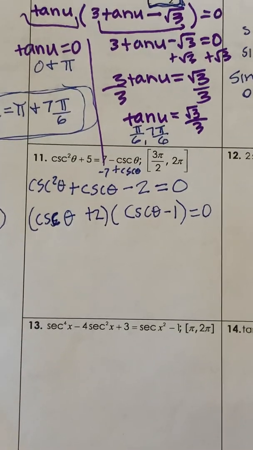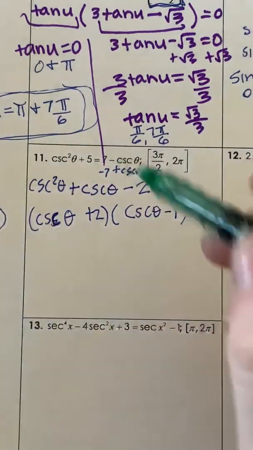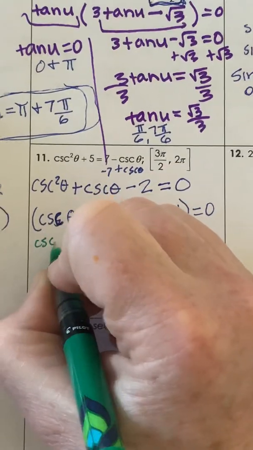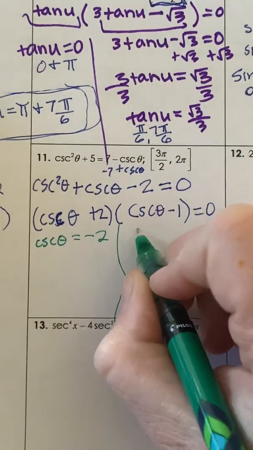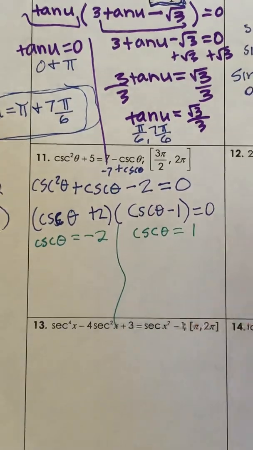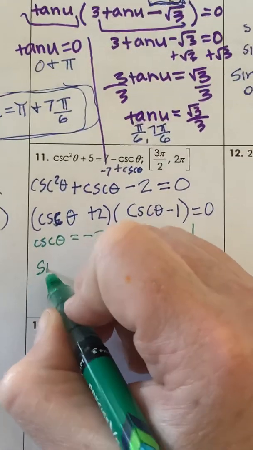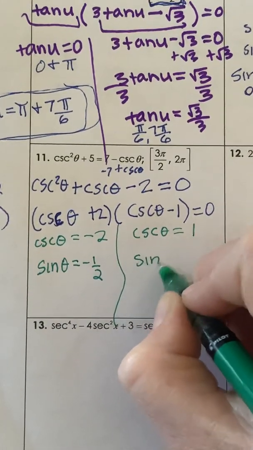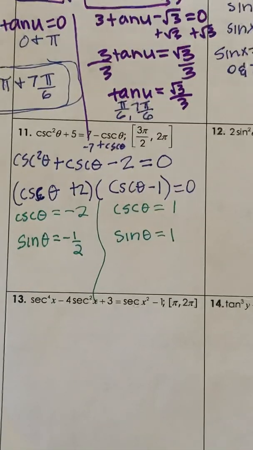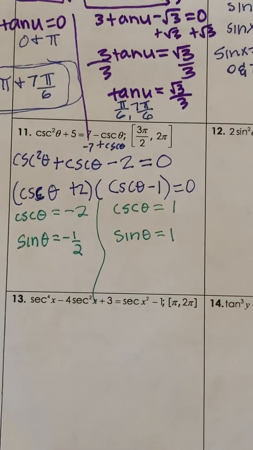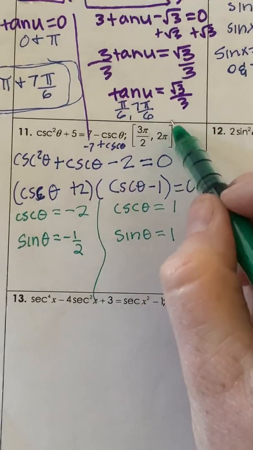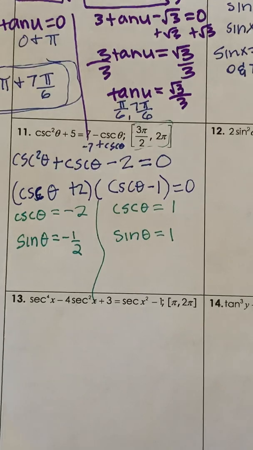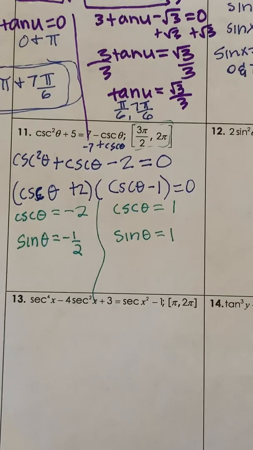And then we have to split them up now. So I have cosecant theta equals negative 2, cosecant theta equals 1, which is 1 over sine. So this would be the same thing as where is sine theta negative 1/2, and where is sine theta 1. So if you just look at the interval from 3 pi over 2 to 2 pi, we should only have one thing there.